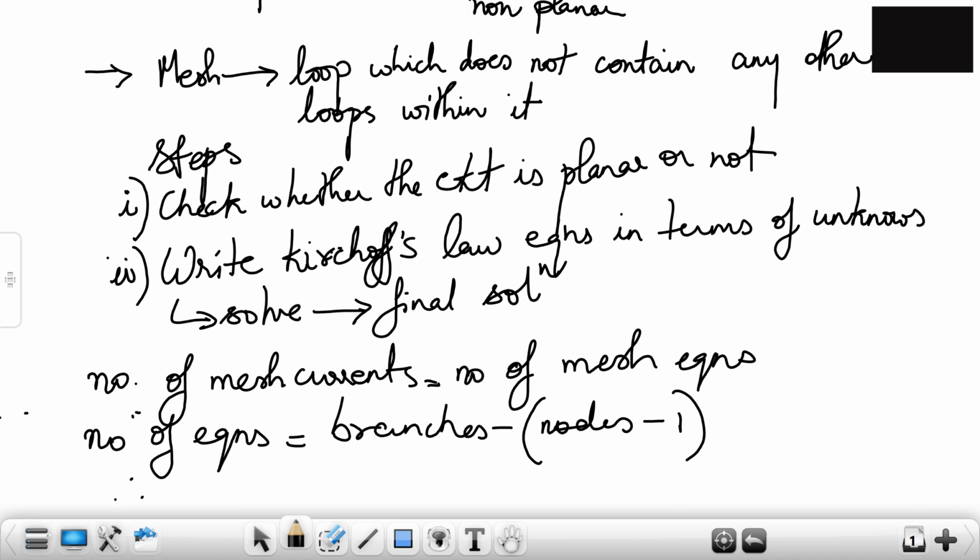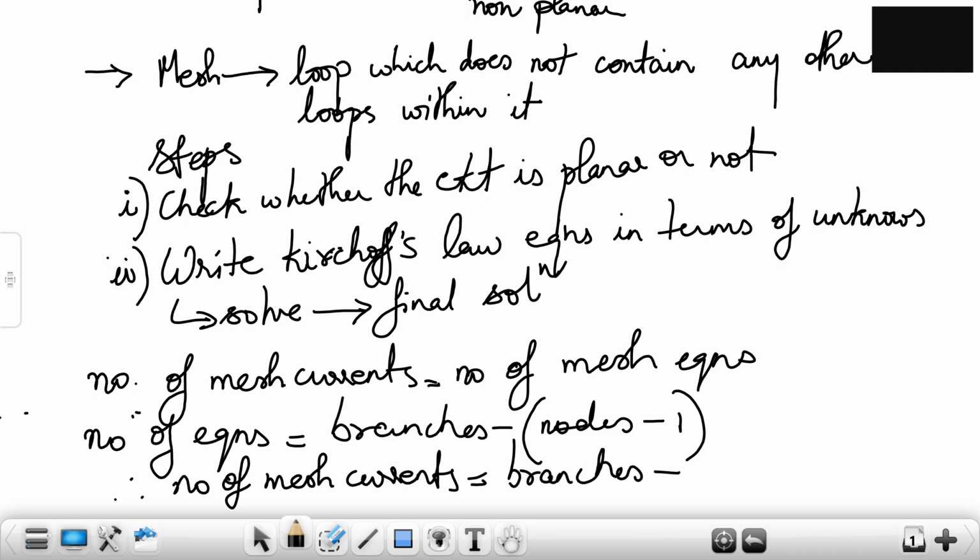Hence, number of mesh currents is equal to branches minus nodes minus 1.